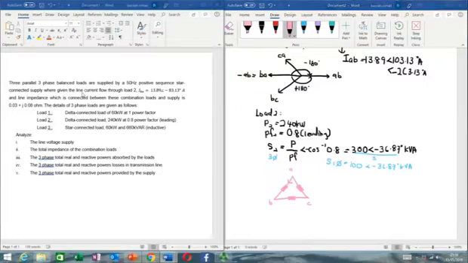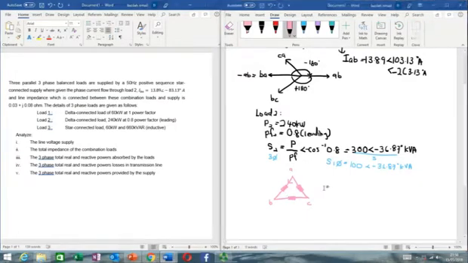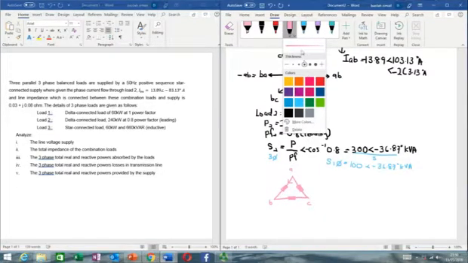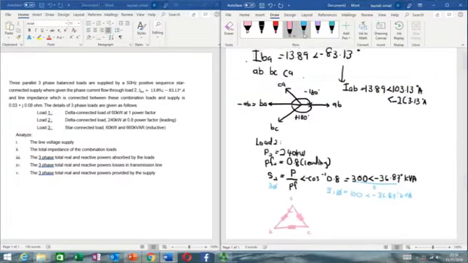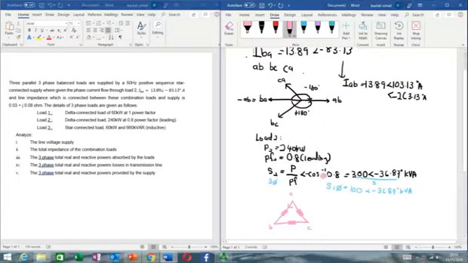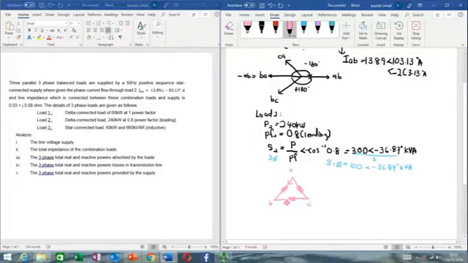I think there's some mistake in this question. This one should be phase current, because for delta, IAB is phase current, not line current. So this is IBC and ICA.